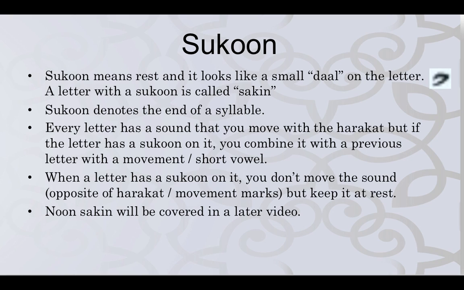That's also in section 2, lesson 1, the harakat lesson, in which I go into detail on dhamma, fatha, and kasra. Because every letter has a sound that you move with either a dhamma, fatha, or kasra, these are also sometimes called harakat.